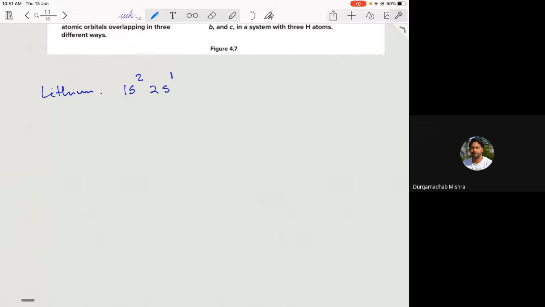In terms of electronic configuration, it is very similar to hydrogen, because the 2s orbital is occupied by only one electron. So you have the 1s orbital which is full, and the 2s orbital has only one electron. If you take a lithium solid, it is a metal.